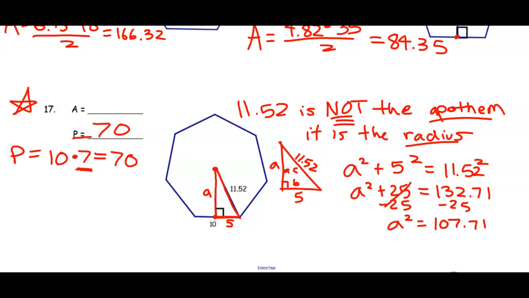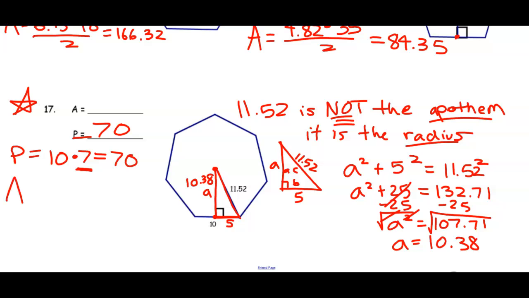Last step, to get rid of a square, that's square root. What is the square root of 107.71? My apothem is really 10.38. Okay? Sometimes if you're given the radius, you have to figure out the apothem. Otherwise you'll get it wrong. Believe me.